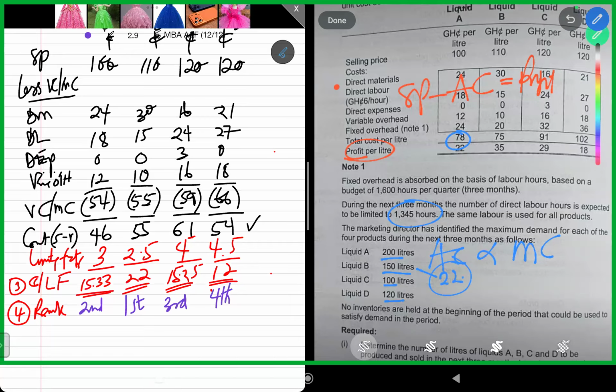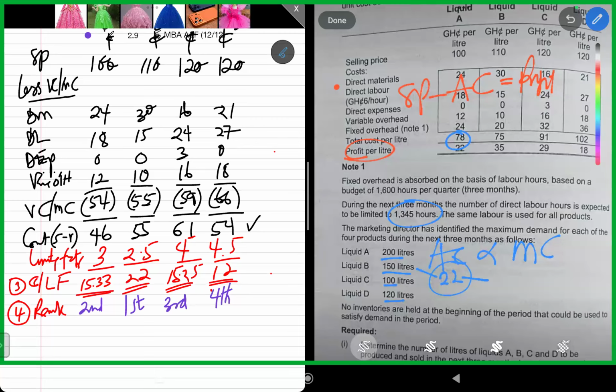When I've finished producing B, I go and look for the second one which will bring in more money, and that one is A. So if I'm able to use the total labor hours needed to produce all the 150 liters of B, I'll check the remaining hours. Can I use them to produce all 200 liters? Yes, then I'm good to go.